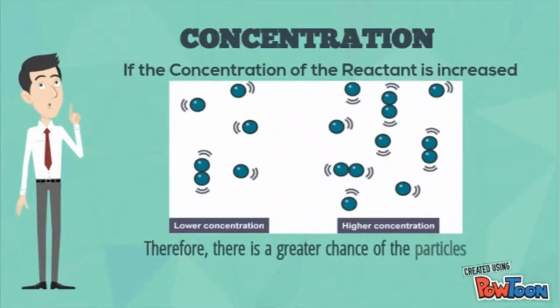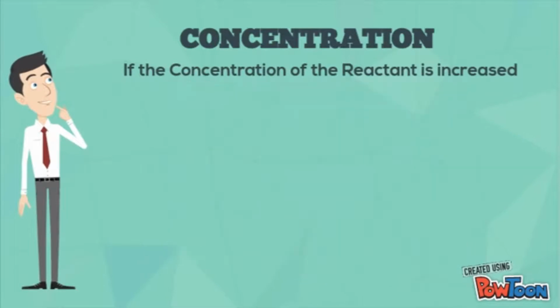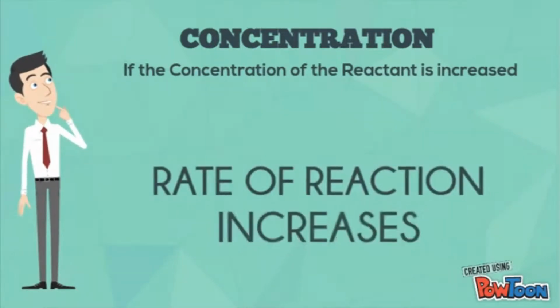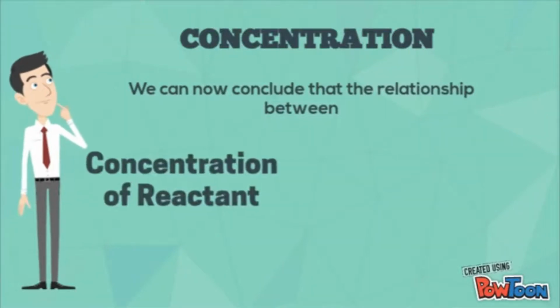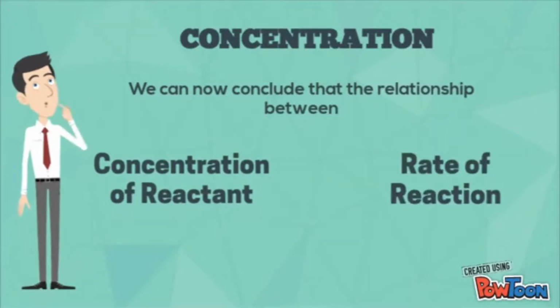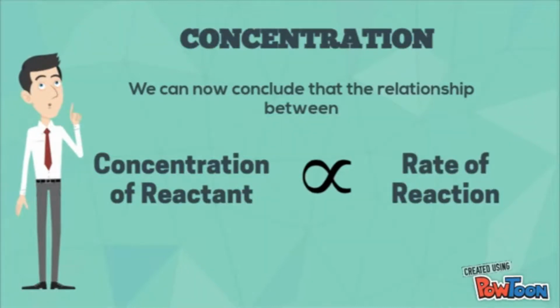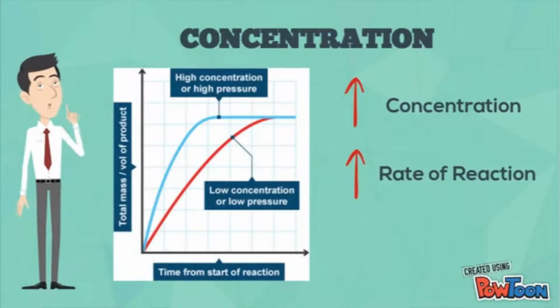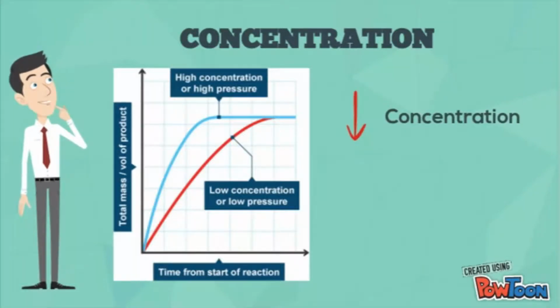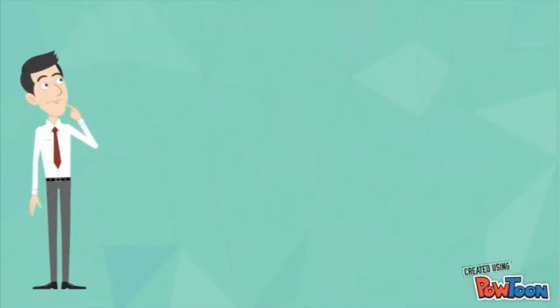Therefore, there is a greater chance of the particles colliding. Thus, the rate of reaction increases. We can now conclude that the relationship between concentration of reactant and rate of reaction is directly proportional, since the higher the concentration, the faster the rate of reaction, and the lower the concentration, the slower the rate of reaction.